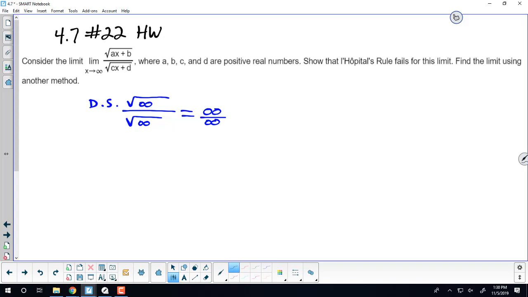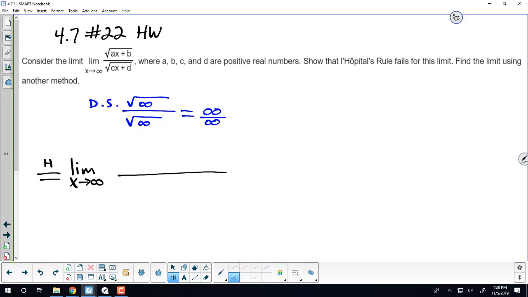So when we compute the limit at infinity for the square root of ax plus b over the square root of cx plus d using L'Hopital's rule, we take the derivative of the top with respect to x.